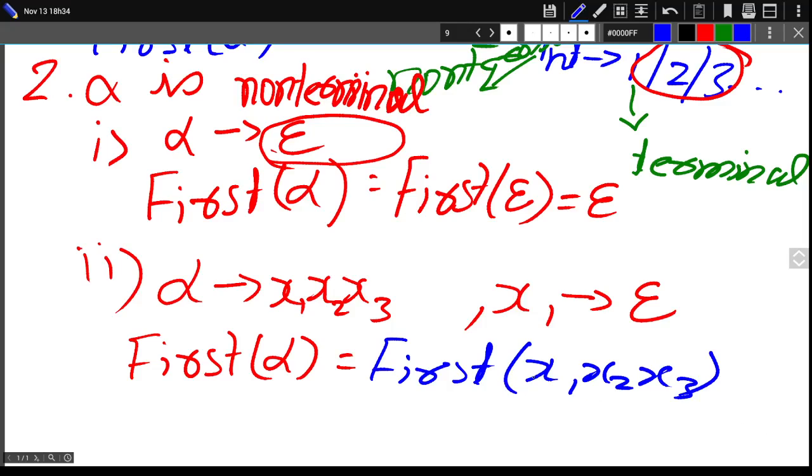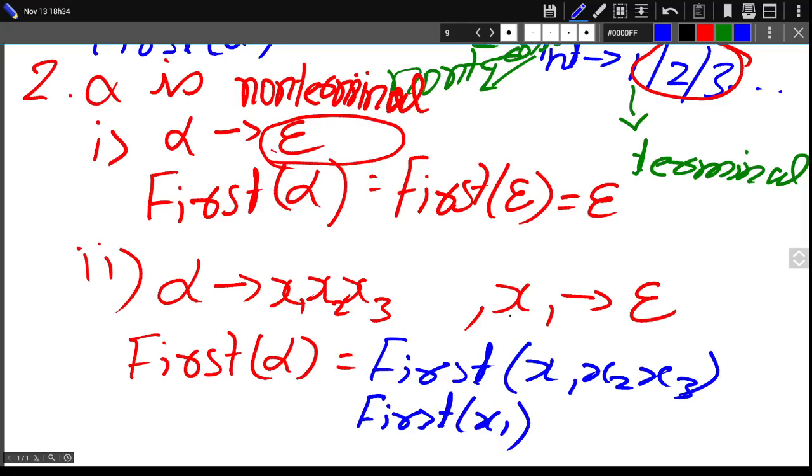So this is actually first of x1, right? First of x1, x2, x3 will be, if all of them are non-terminal, first of x1. If at all x1 would not have any epsilon, in that case the first of x1 is enough, right? Let me write it, first of x1.